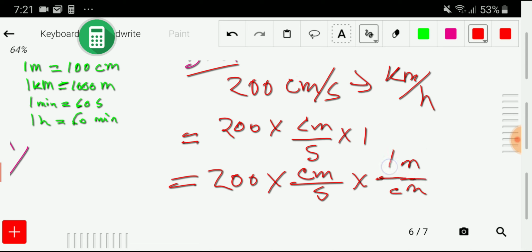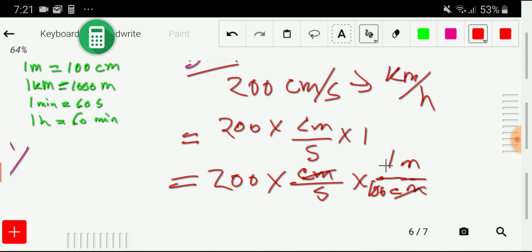With meter we have the number 1, and with centimeter we have the number 100. So this centimeter will cancel each other, right? So we are getting here 100.